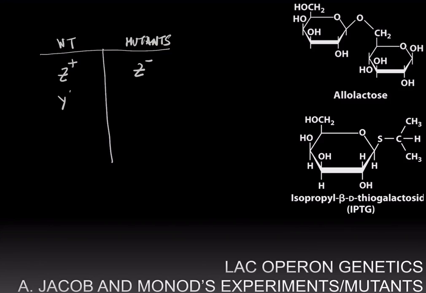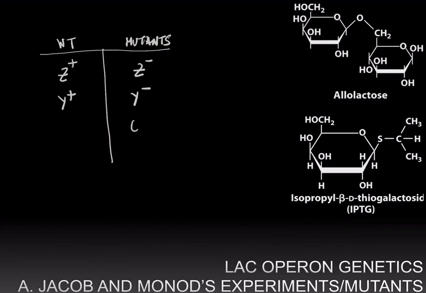They also had Lac Y minus, which would have a similar phenotype and an inability to grow in a medium with lactose as the only sugar, because in the absence of the functional permease, you would not be able to transport lactose into the cell.